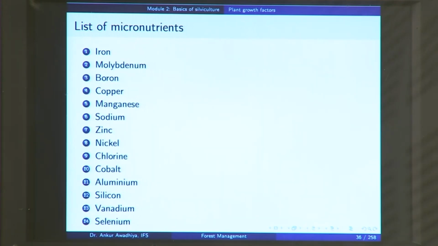And the list of micronutrients is very large. You have iron, molybdenum, boron, copper, manganese, sodium, zinc, nickel, chlorine, cobalt, aluminum, silicon, vanadium, selenium and the list goes on. So, these are some prominent micronutrients that the plants require.